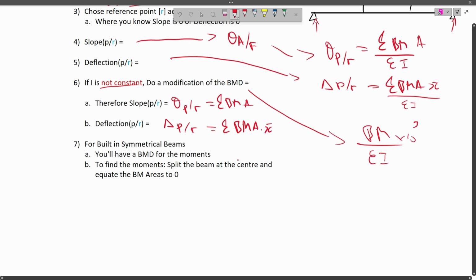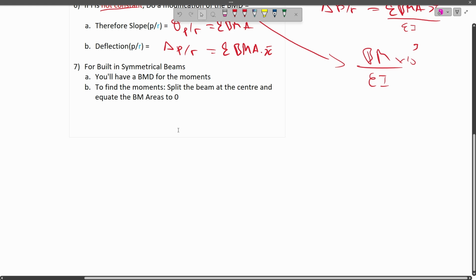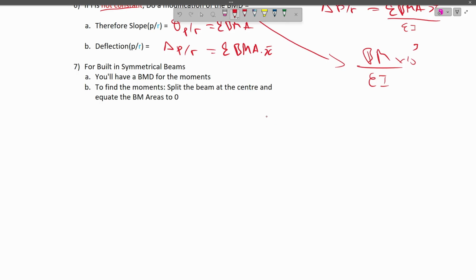And then for a built-in symmetrical beam, you will have a bending moment diagram for the moments at the support, for the moments that they're built in. Let's assume we have a beam like this with a UDL and say 2 point loads.